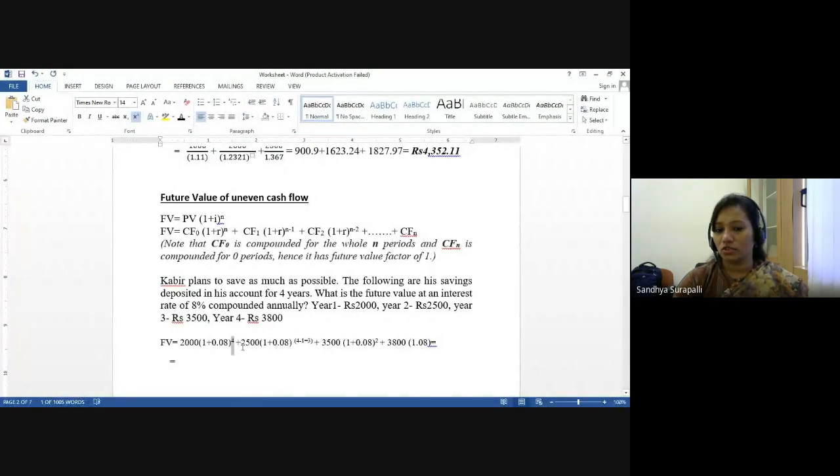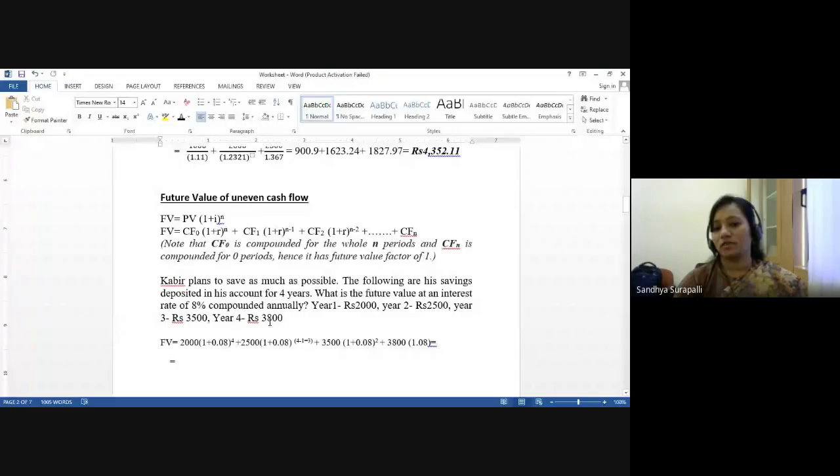Then this 2,500 what you got in the second year, you'll invest it for 3 years. Then 3,500 for 2 years and 3,800 for 1 year. So totally he's saving for 4 years, saves 3,800. He will wait till the end, or he will wait 1 more year to withdraw it. That is the meaning.